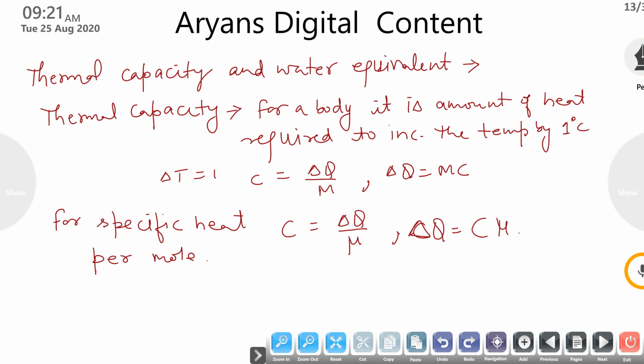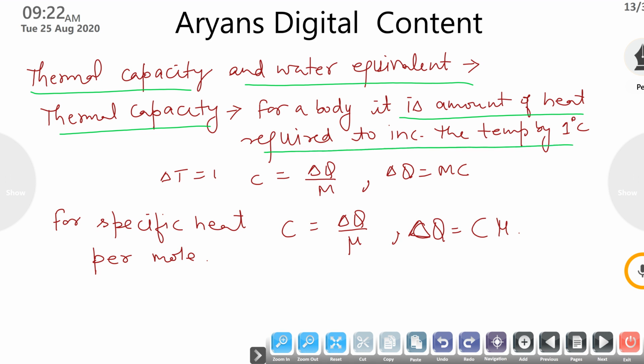Next is thermal capacity and water equivalent. These two topics we have to study before we study the calorimeter. Now, thermal capacity is the amount of heat required for any object to increase its temperature by 1 degree centigrade.